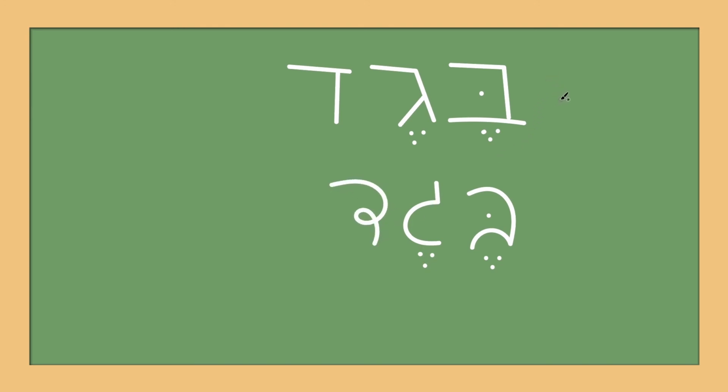If we want to make it the clothing item, we'll add ha at the beginning. The definite article, ha beged. Ha beged, the clothing item.